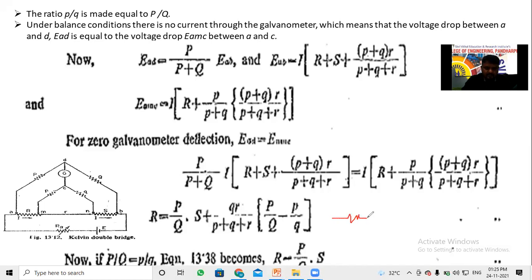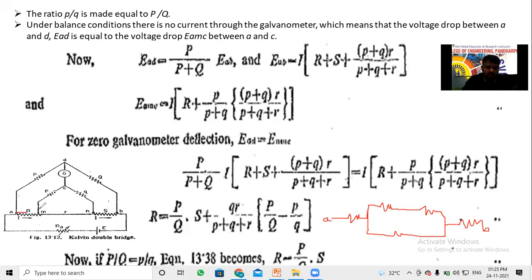Next M point is there. From M point we are going to get two paths here now. So this is small p, next small q, next this one is continuous, R is there, it will close here. Next the S is there. So this is the A, this is the B.